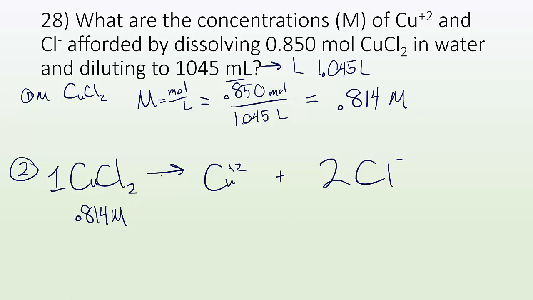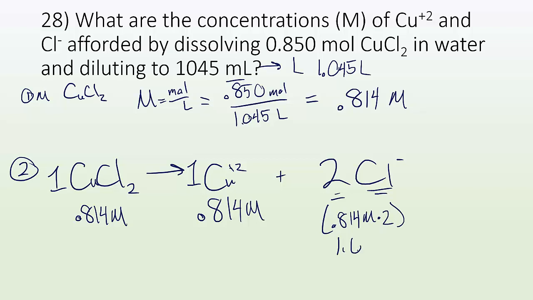And it's a 1-to-1 ratio between copper chloride and copper, so the copper ion is also going to be 0.814 molar. But the chloride ion is going to be twice as much. So it's 0.814 molar times 2, which gives 1.628 molar. And there you go. Those are your concentrations.